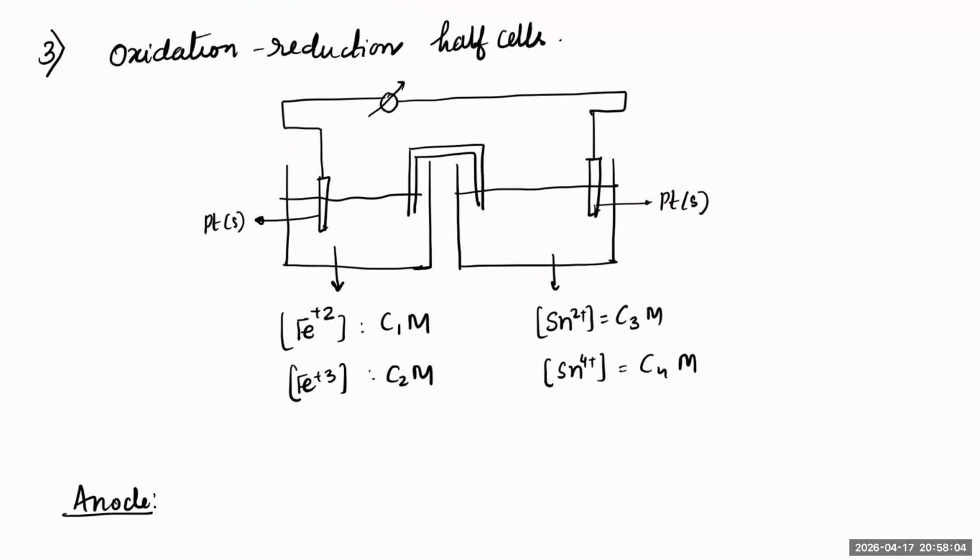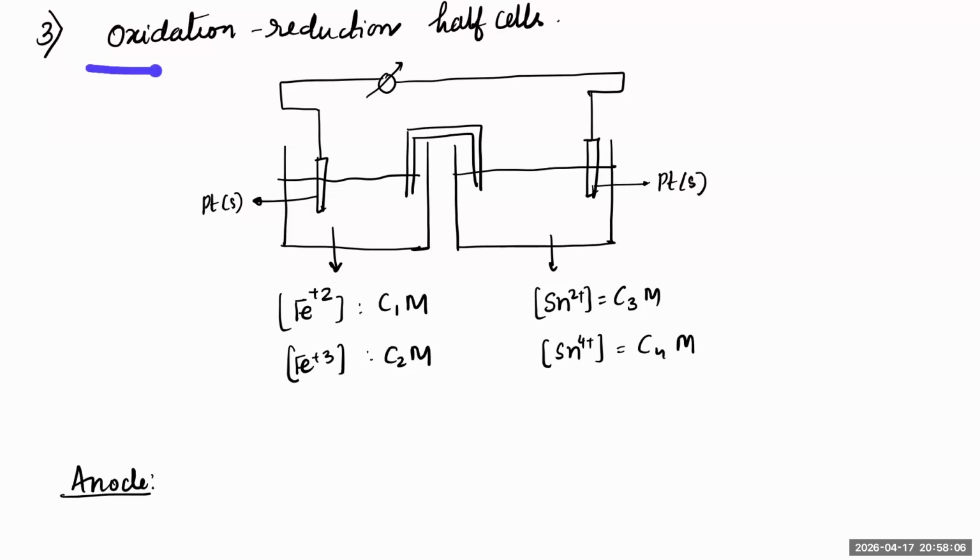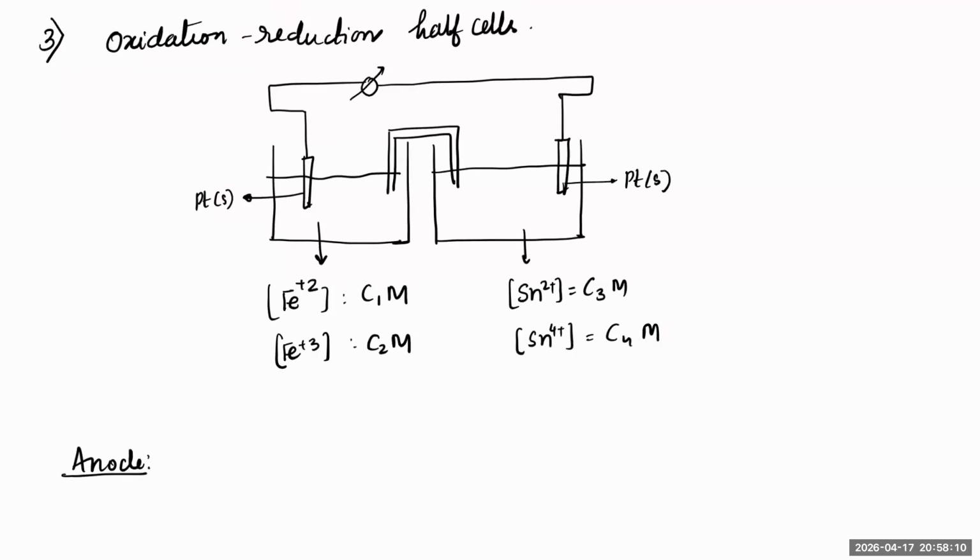Next, look into the other cell, when you have oxidation reduction half reactions, half cells. In this case, you always have inert electrodes on both ends, but there are ions within the solution undergoing oxidation and reduction. Like Fe plus 2 is undergoing oxidation to Fe plus 3, and Sn plus 4 is getting reduced to Sn plus 2 at the cathode.